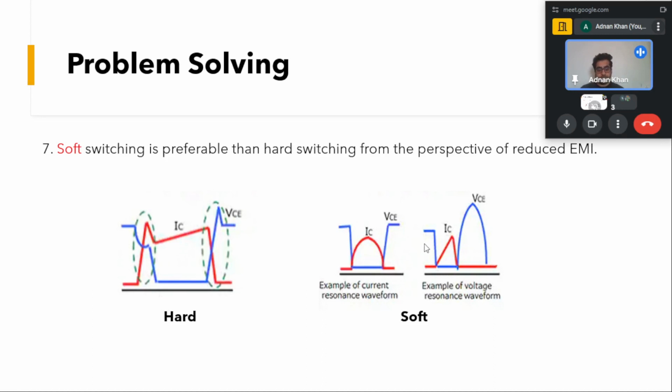In this way, soft switching can reduce the voltage stress at turn on or turn off time, which in turn helps in reducing the EMI. And as such, soft switching is the answer to this question.